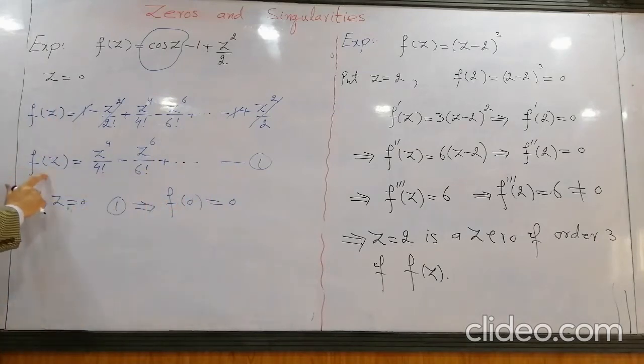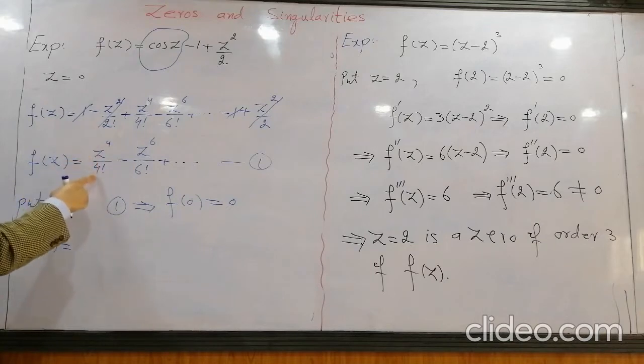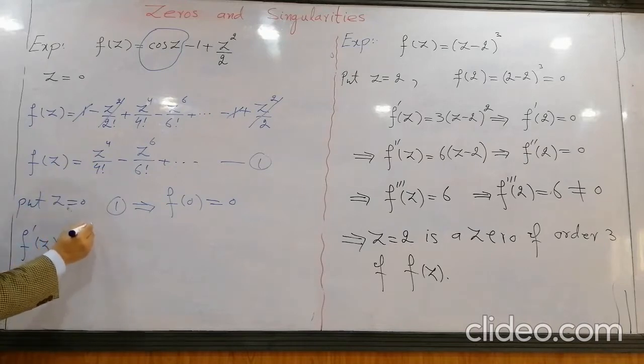Now I have to differentiate this function. So f dash of z is equal to, this is 4z cube, but 4 will be cancelled. 4 factorial means 4 into 3 factorial. So from this I can get that z cube divided by 3 factorial if you simplify.